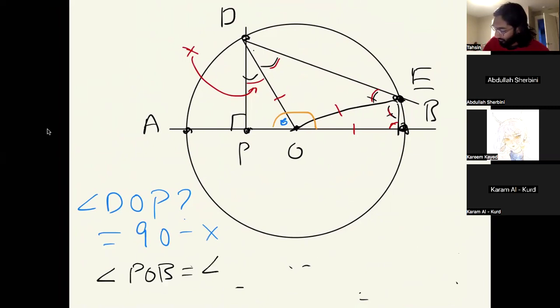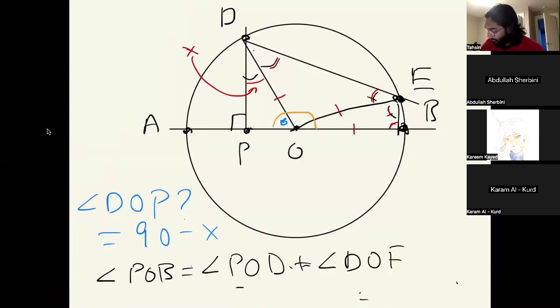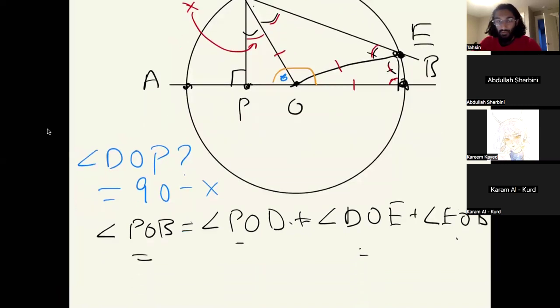So we can get POD, POE, and EOB. And then we can write each of these.